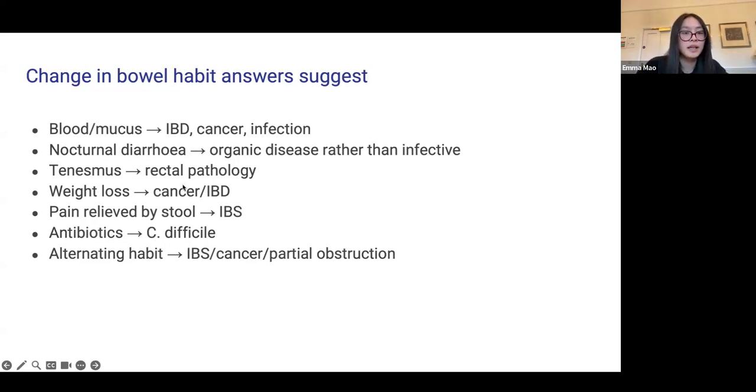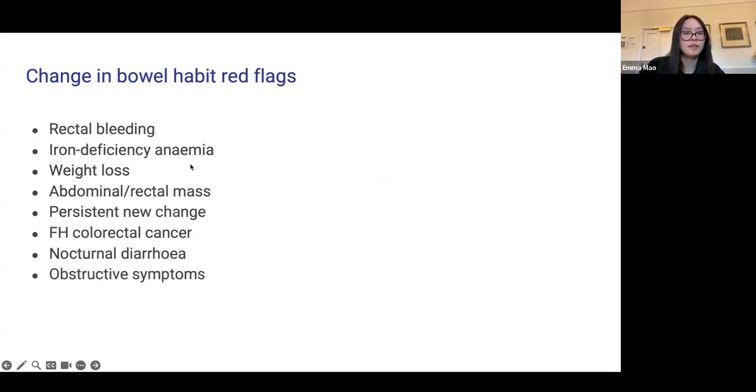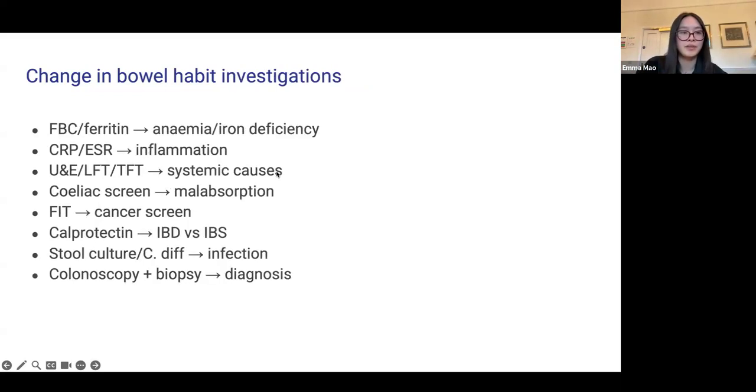Weight loss suggests cancer or IBD, and then pain relieved by passing the stool suggests IBS, so irritable bowel syndrome. And then antibiotics, if they've just had a treatment with antibiotics, it could be C. difficile. And then if it's alternating, then it could be many things still, but it could also be obstruction with overflow diarrhea. Okay, again, these red flags, I think they were on the previous slide anyway.